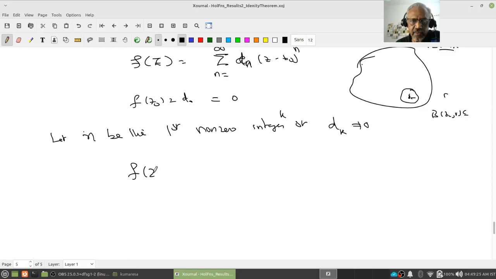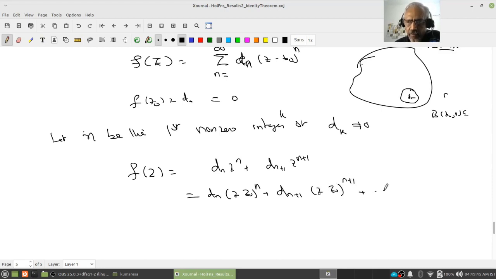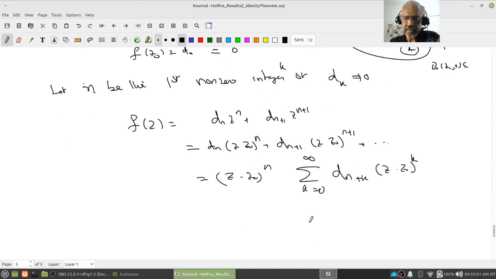Therefore I can write f of z as dn (z minus z naught) power n, plus dn plus 1 (z minus z naught) power n plus 1, and so on. So like last time, I can take out (z minus z naught) power n, leaving the sum of dn plus k (z minus z naught) power k, k equal to 0 to infinity, and call this g of z as earlier.